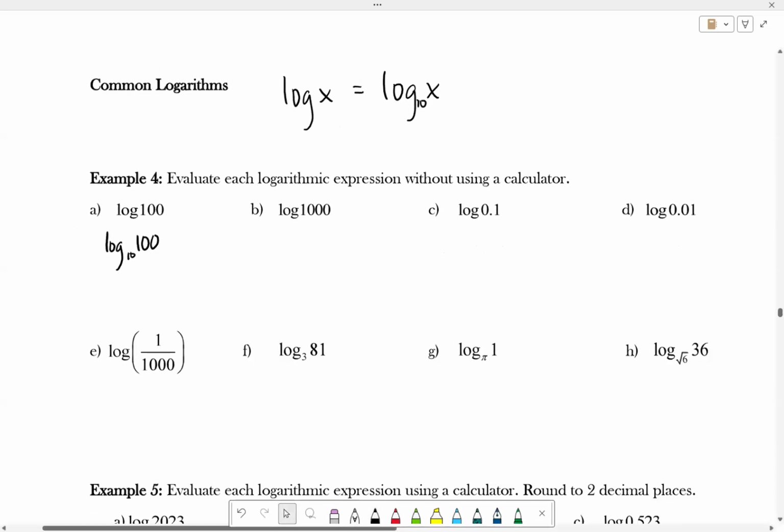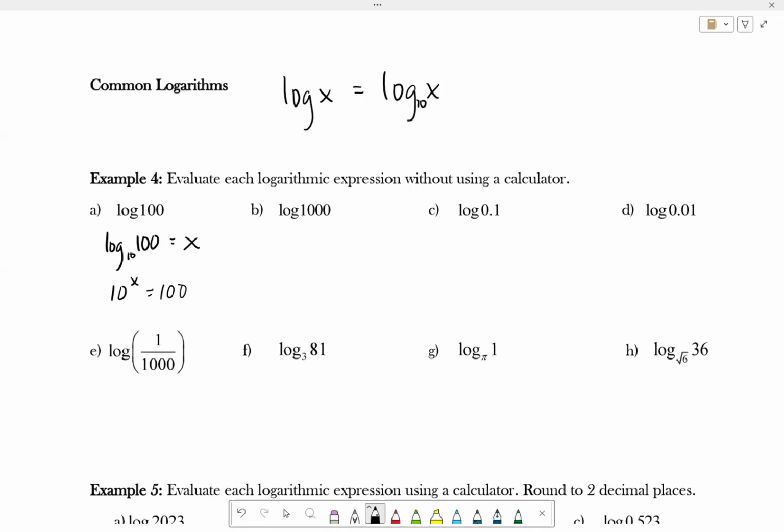Can you show me what you got? Let's see. If you're not sure, we'll just say this is equal to x, but we don't know what it is. So now we can rewrite that as 10 to the x equals 100. And now it's a little bit more obvious that x is equal to 2, right? 10 squared.